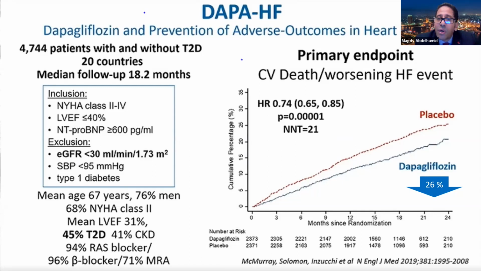If we look at the comparison with the standard of care treatment, patients who received dapagliflozin 10 milligram per day were associated with a significant reduction in the primary endpoint, which was cardiovascular death or worsening of heart failure event. A relative risk reduction of 26%, and the number needed to treat was 21 patients.